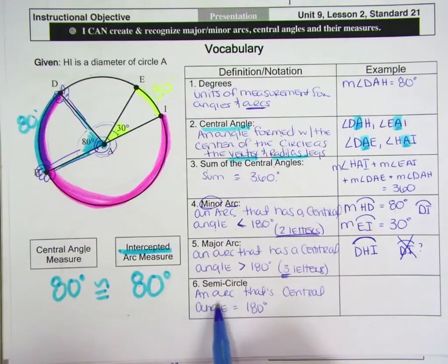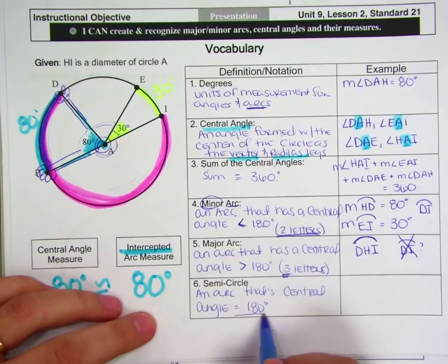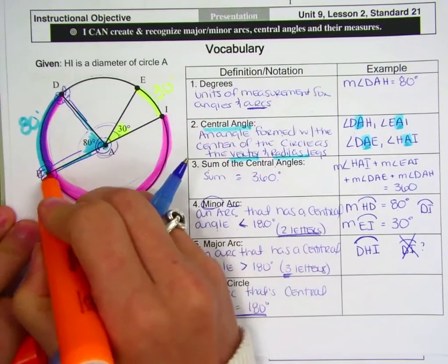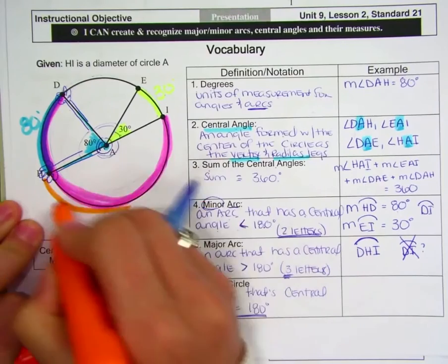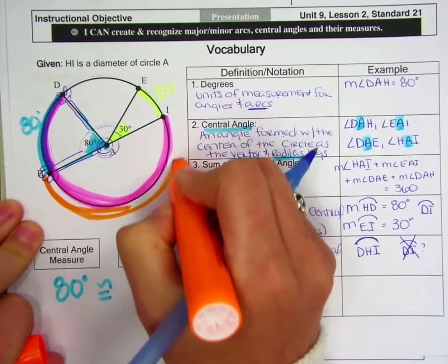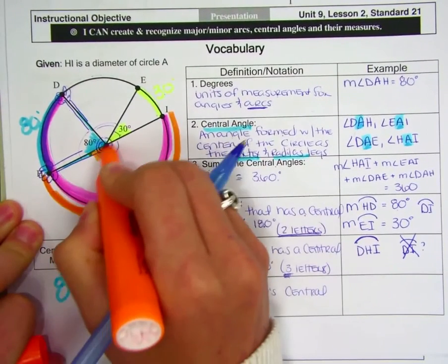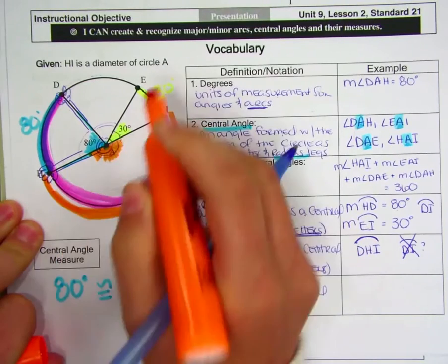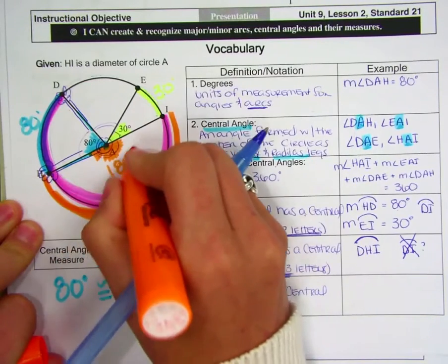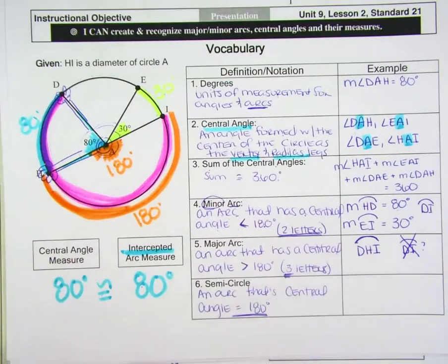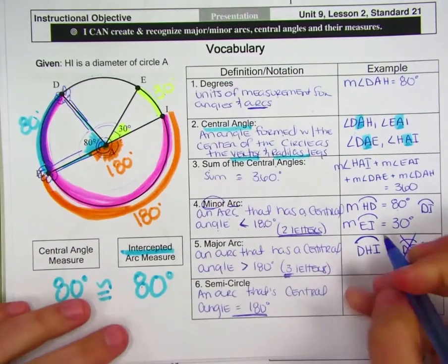A semicircle is an arc that has a central angle that's exactly 180 degrees. And that semicircle would be this one here, because this angle is 180 degrees. Therefore, this arc is 180 degrees.